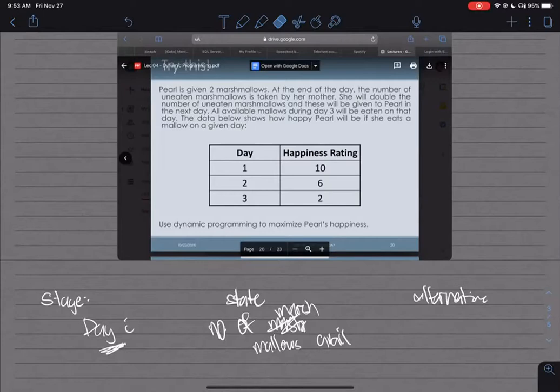So, Gem, on day 1, ano yung decision na gagawin natin? On day 2, ano yung decision na gagawin natin? Number of marshmallows na kakainin. Correct.